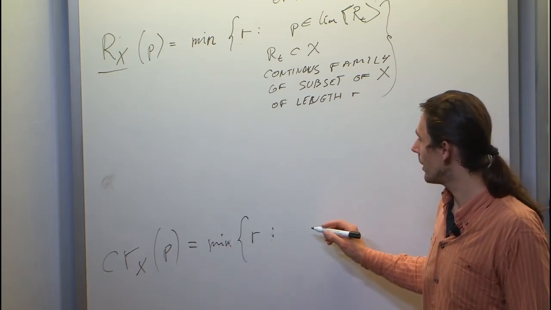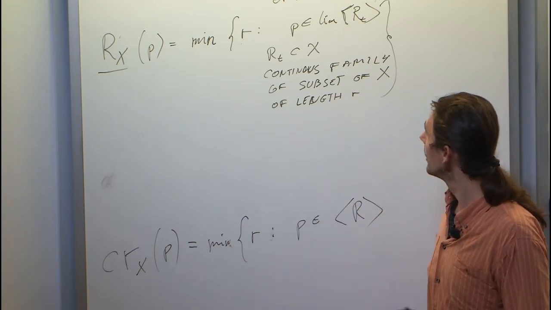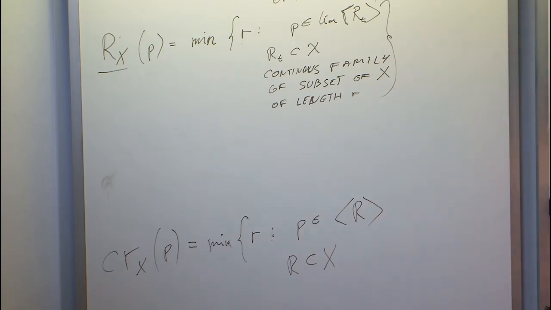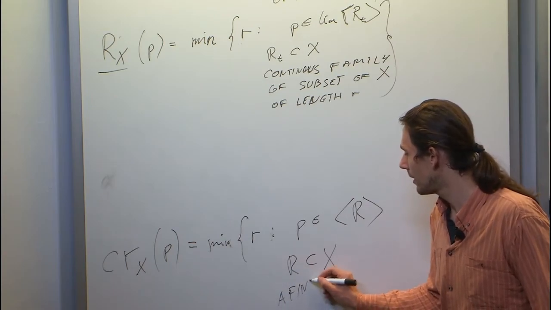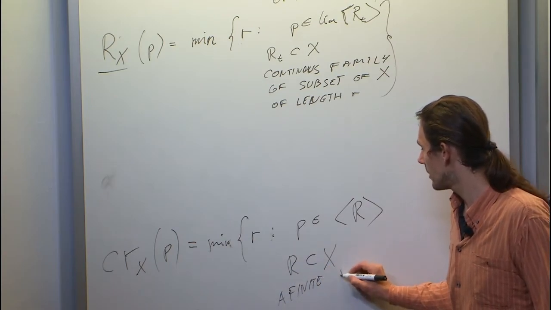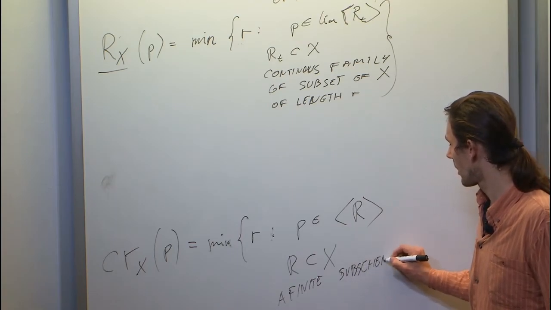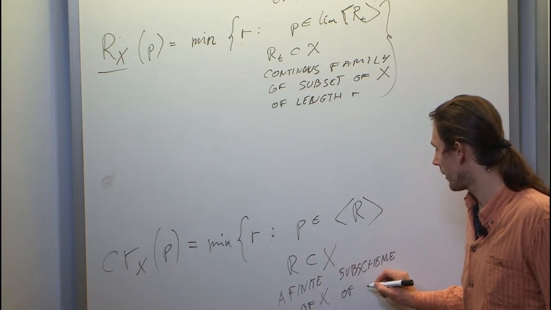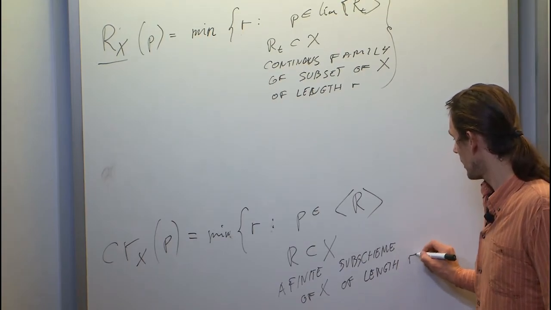So this is the minimum r such that P is in the linear span of R, where now my R in X is a finite subscheme of X of length r.